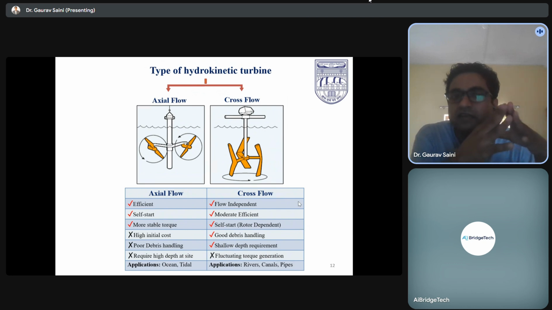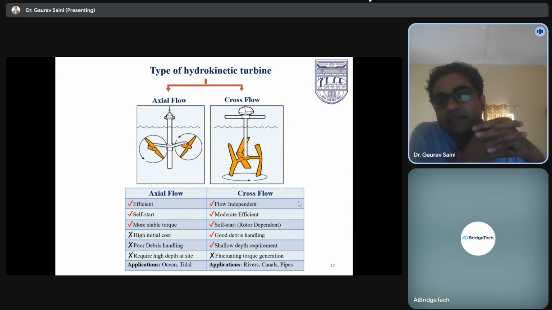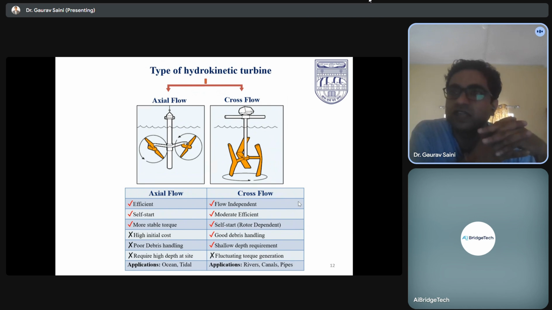The height requirement is because we need to create a submerged situation, so we need high depth applications. Also, we have sophisticated airfoil-shaped blades, and the manufacturing and maintenance of these are very critical. These axial flow turbines are suitable for ocean and tidal applications, because we do not have debris there.